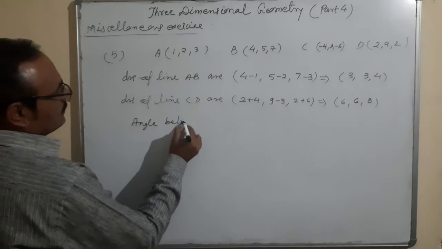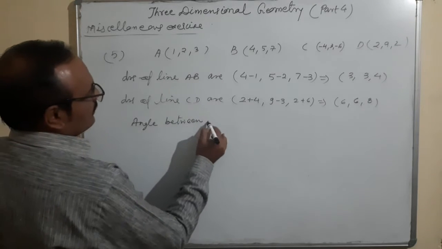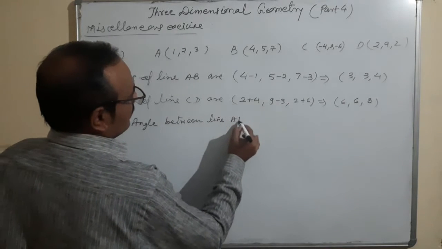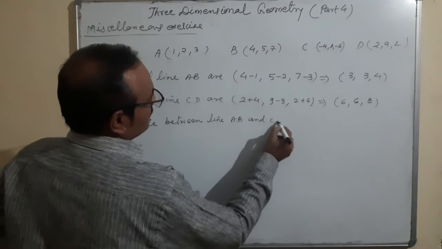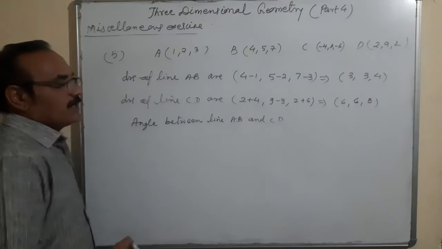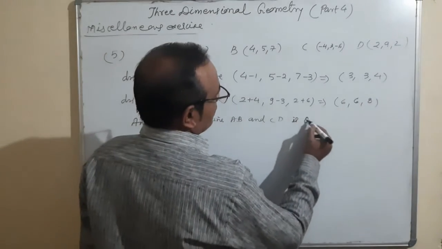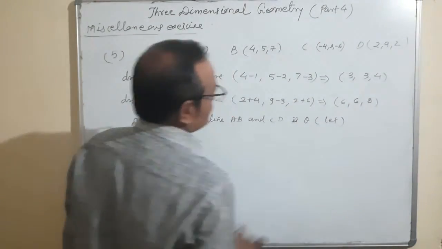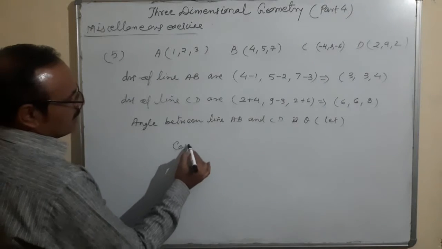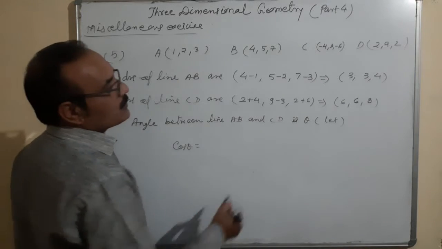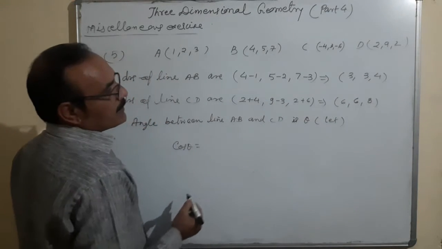Let the angle between lines AB and CD be theta. So cos theta is equal to a1 a2, so 3 multiplied by 6.